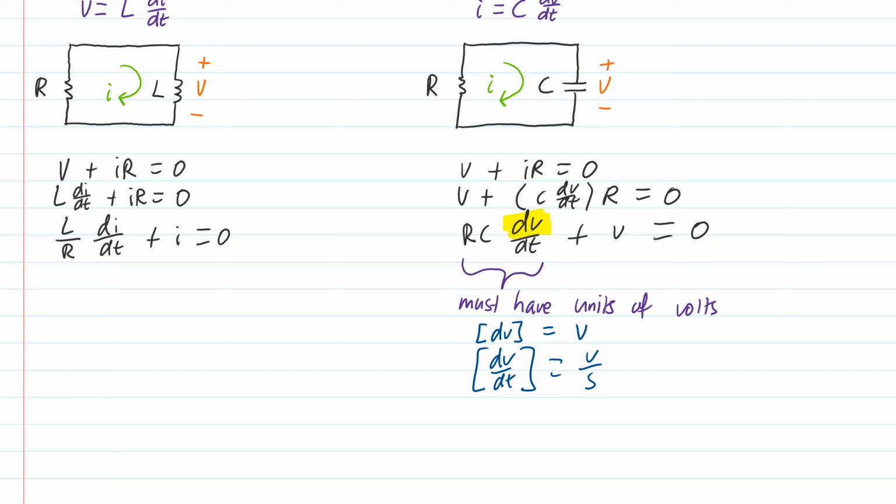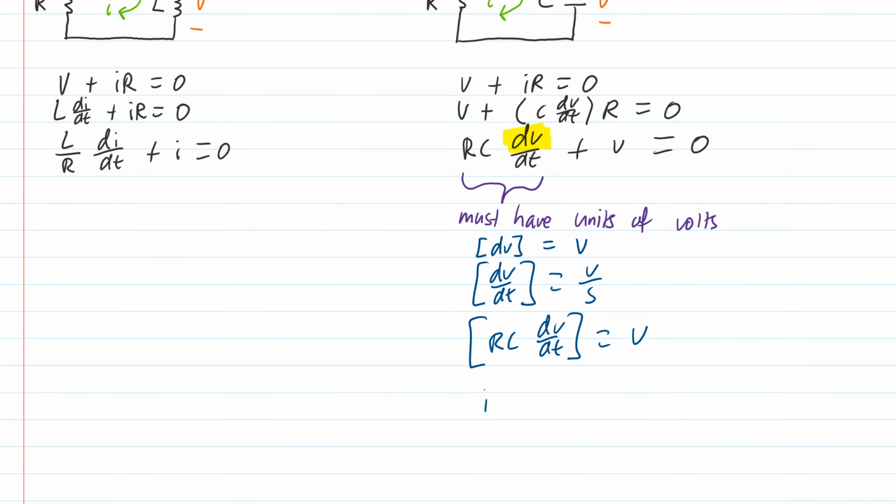And so the only way that we wind up with RC dV/dt having units of volts is if RC has units of seconds. This is quite an interesting statement. We're saying that resistance times capacitance has units of seconds, and in fact, this is a true statement.